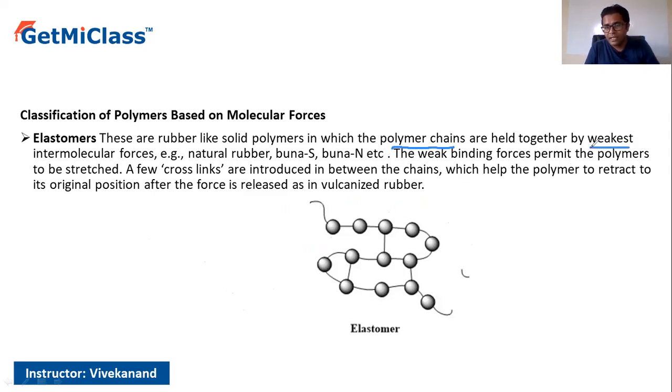For example, natural rubber and buna, where the binding is weak. These weak binding forces permit the polymers to be stretched, so it develops a stretching mechanism.